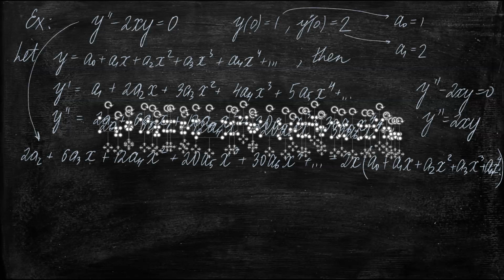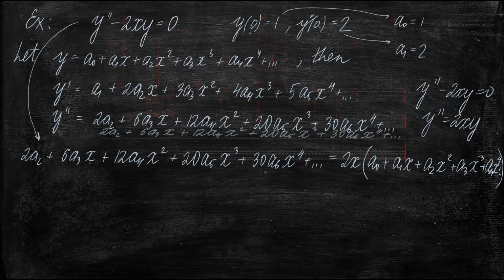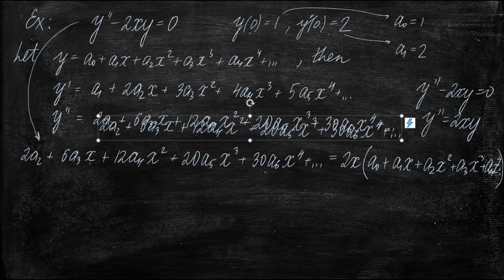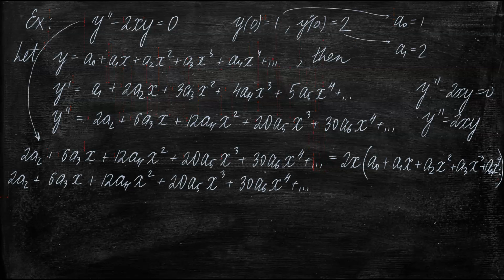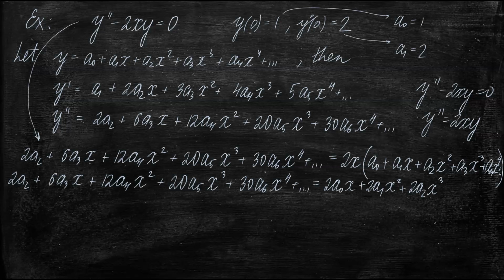So I'm going to have my second derivative right over here on the left, but on the right we're going to write this all out. So it's going to be 2a0x plus 2a1x squared plus 2a2x cubed plus 2a3x to the 4, etc.